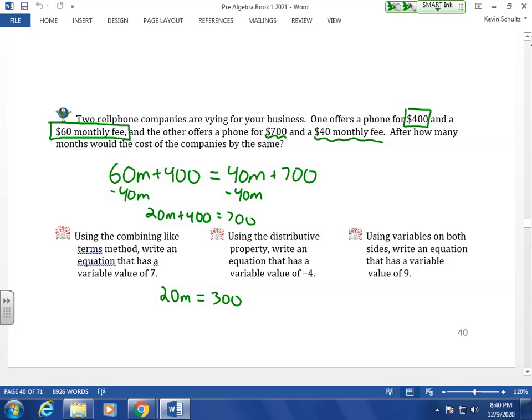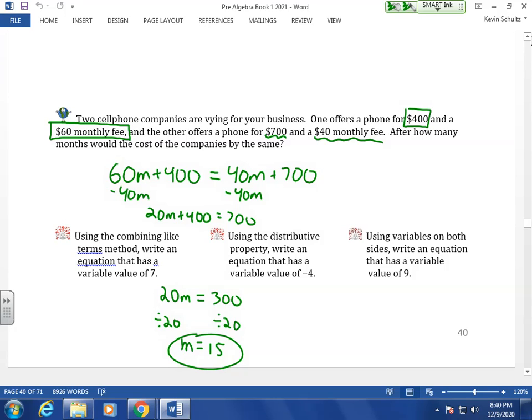Okay. Divide by our coefficients. And M equals 15. So after 15 months, the price of these two plans will be the same.